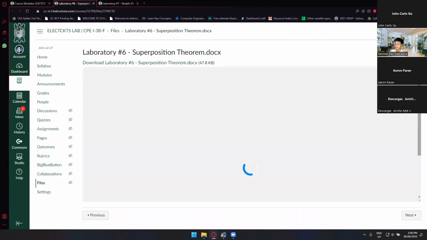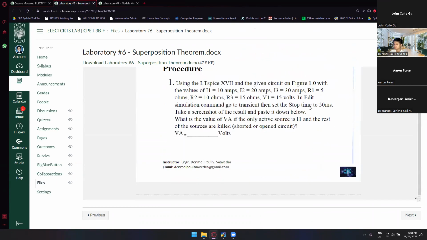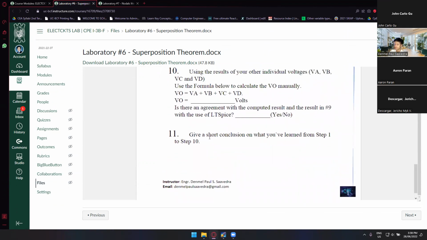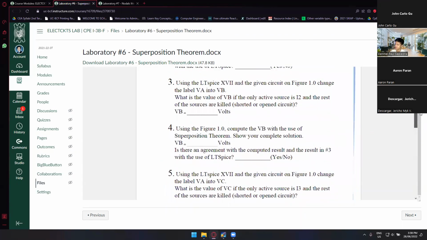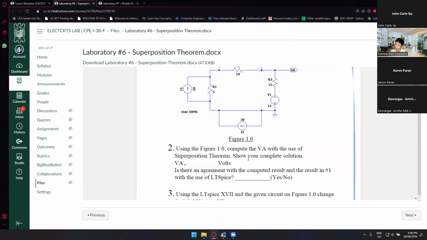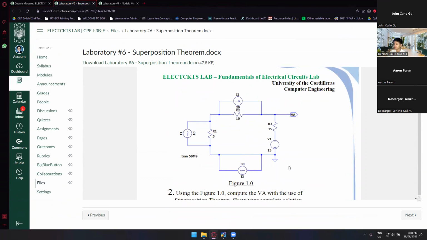Now we have your lab number 6, which is composed of 11 questions: 10 questions, and then one summary or conclusion from step 1 to step 10. I don't know if this is hard, but I think it's quite easy as long as you follow all the steps properly. So this will not give you a hard time. This is a current source, for those who are new to this kind of component.